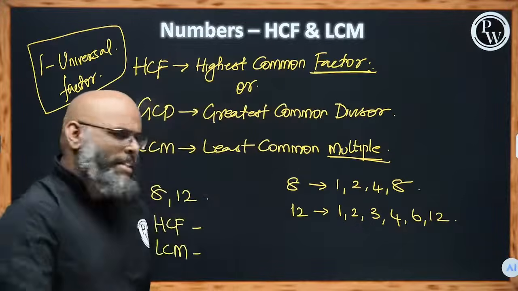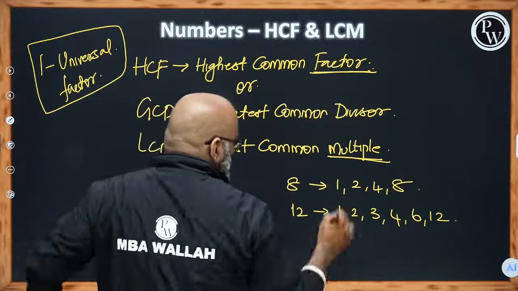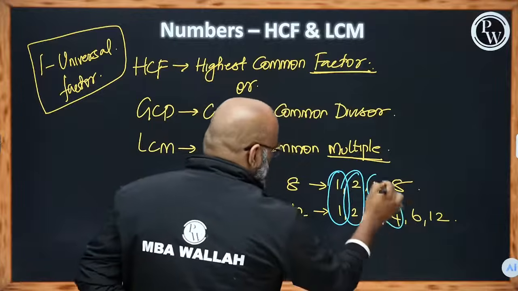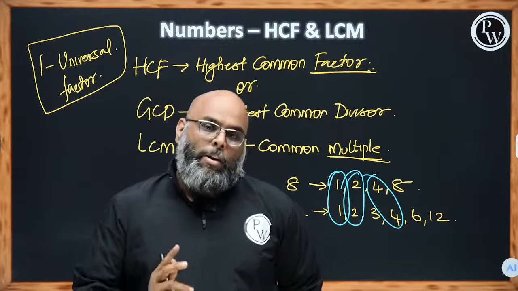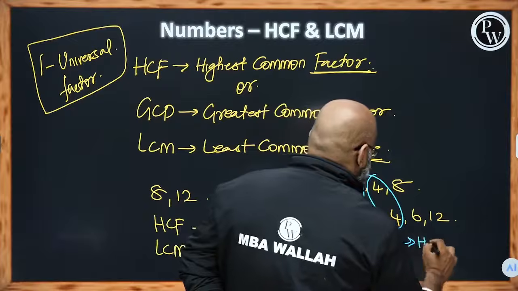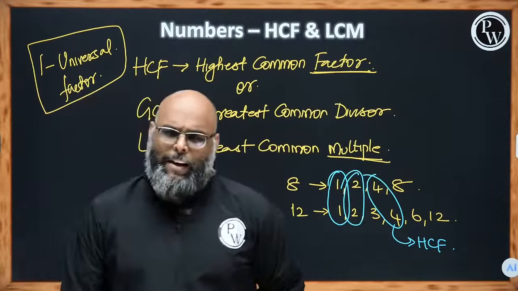No prizes for guessing, 1 is there. 1 is a common factor. 2 is a common factor. 4 is a common factor. We have a lot of common factors, but of the lot, the highest, 4, is called the HCF. Simple game, nothing fancy.